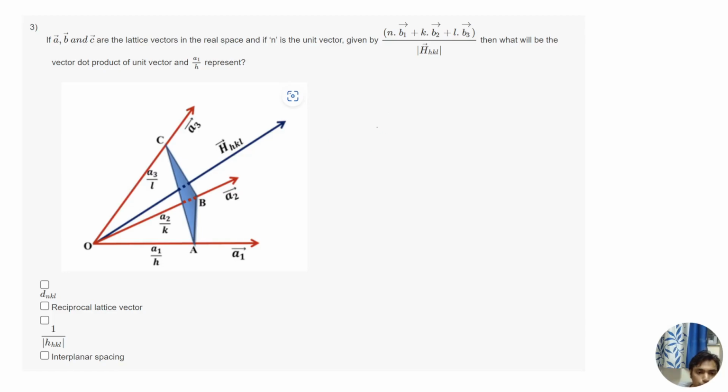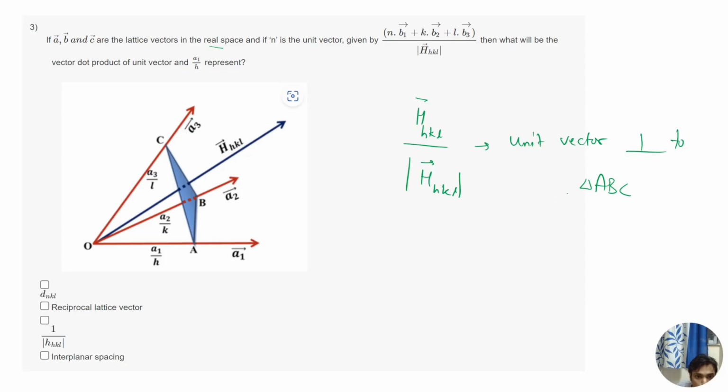It is saying that if a, b, c are the lattice vectors in the real space, and n is the unit vector given by this, this is nothing but h of hkl divided by the magnitude of h of hkl. Okay, this is the unit vector which is perpendicular to this plane abc.